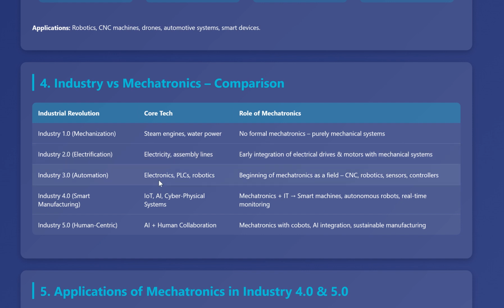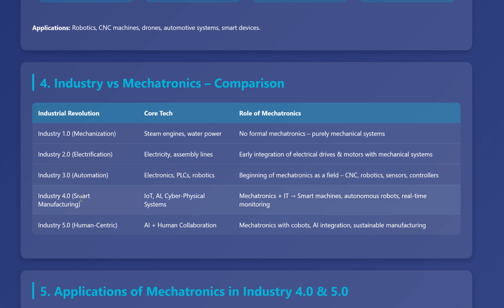Out of this, because people wanted to automate their systems, they came into adding electronics, PLCs and robots. So Industry 3.0 was the beginning of mechatronics, adding the aspect of CNC, robotics, sensors and controllers. That was the beginning of mechatronics.